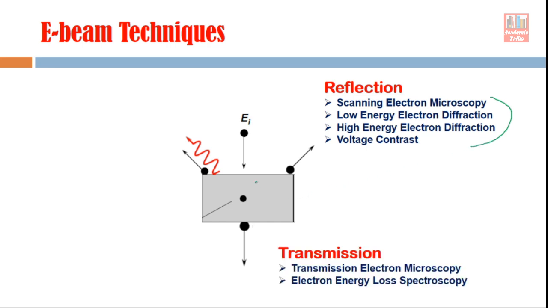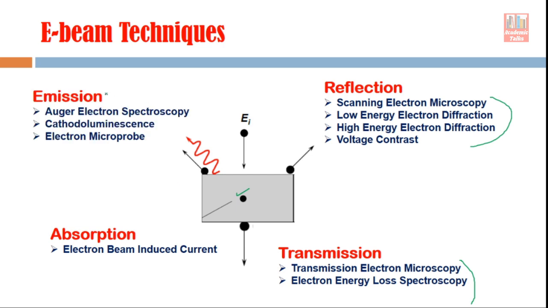So if we consider the electrons which have transmitted through the sample material, then we have transmission electron microscopy and electron energy loss spectroscopy. Similarly, if we focus on the electrons which are absorbed inside the semiconductor, like which is shown here, then we have absorption spectroscopy and one technique, electron beam induced current. So this technique also gives us a lot of information about the sample surface, and emission is also a very important property.